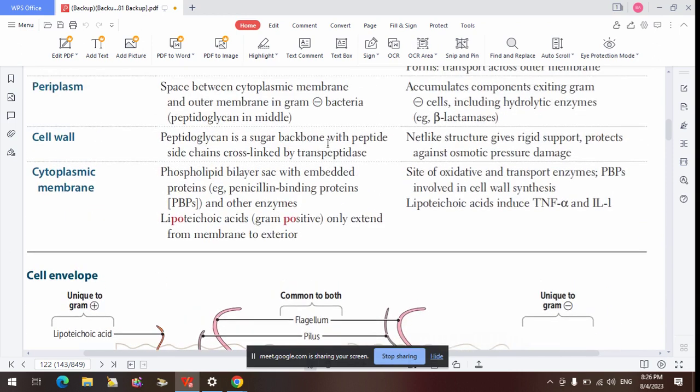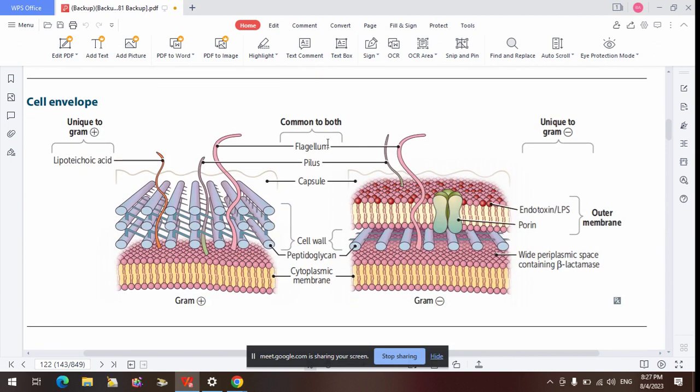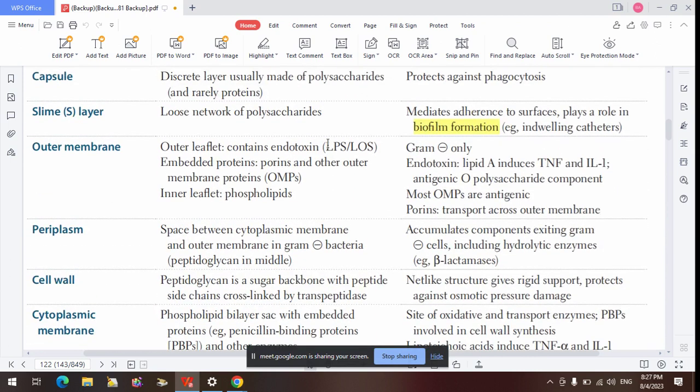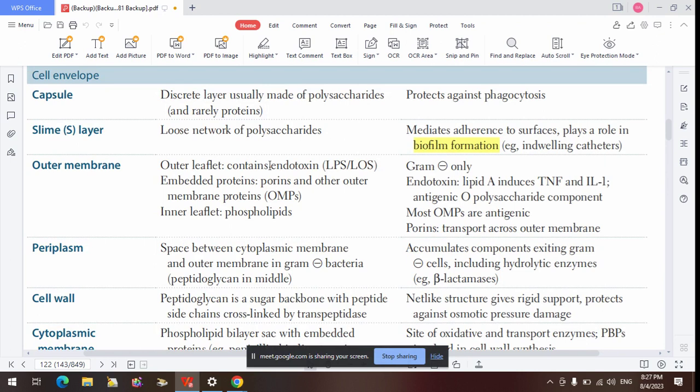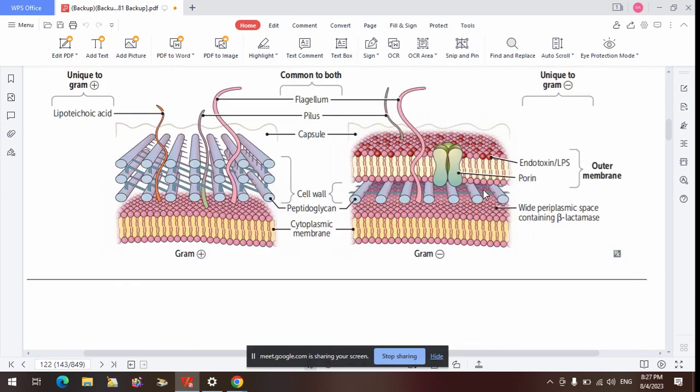So let's go back. The outer leaflet, the embedded protein, and the inner leaflet. The inner leaflet contains phospholipids. The pink part is the phospholipid, the one that is spanning across. The protein is the one that is enmeshed in between.